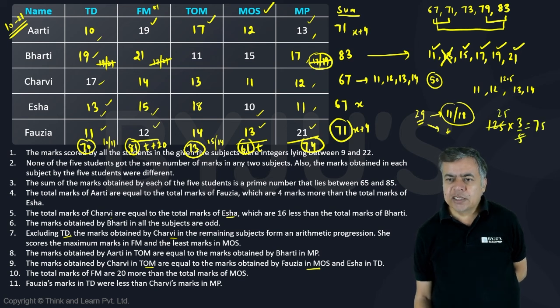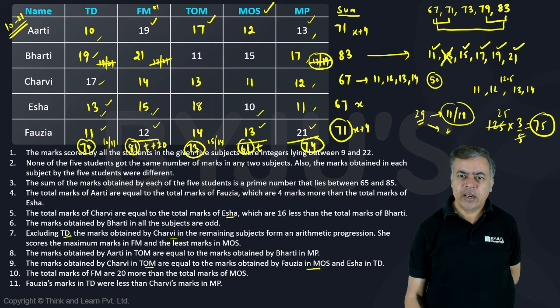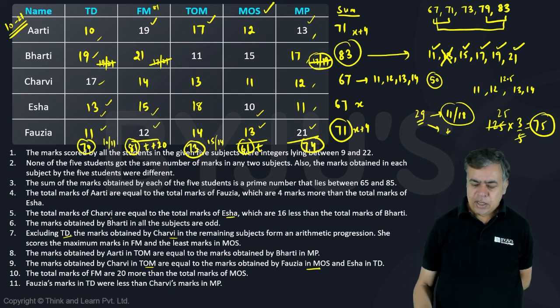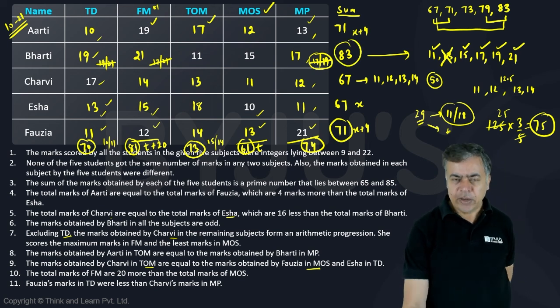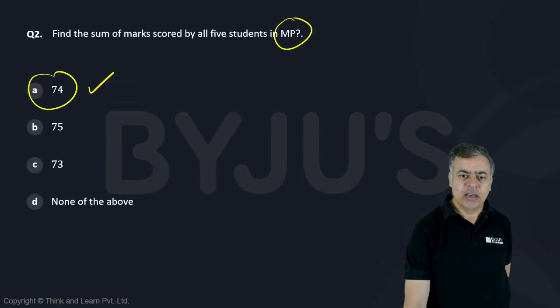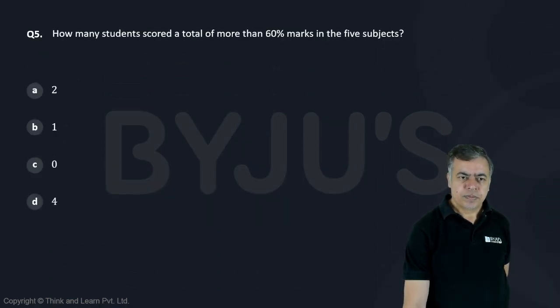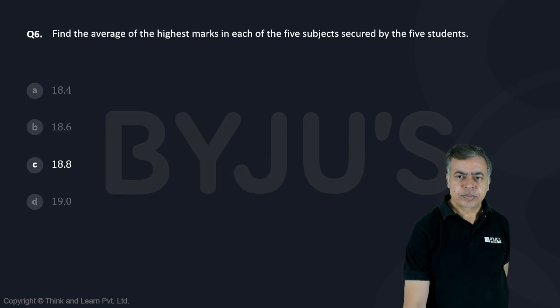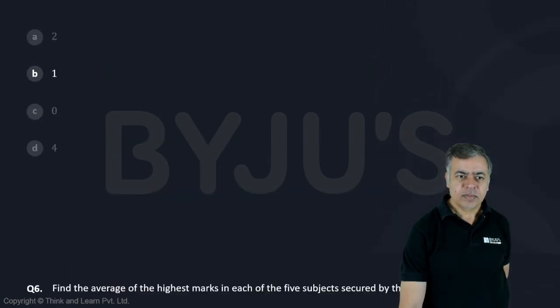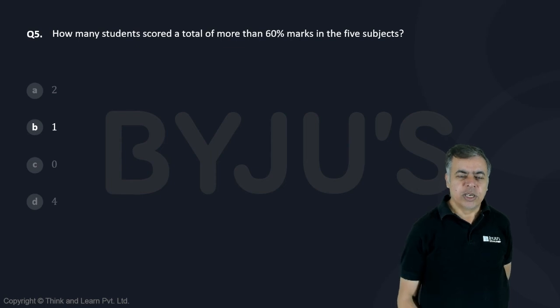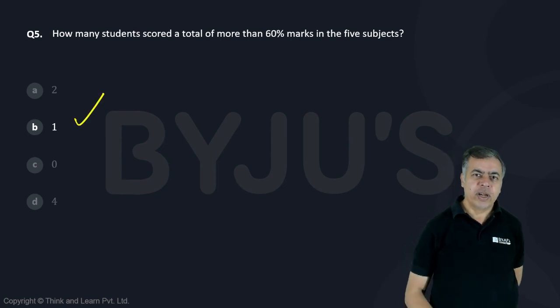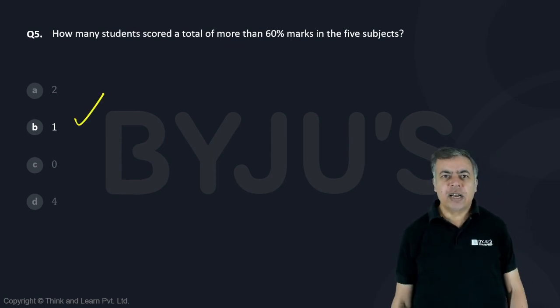So whose marks are more than 75, right? It is only one. Only one. Bharti. Bharti scored more than 75. Nobody else scored more than 75. Right? So Bharti. Okay, wait a minute. How many students scored? So only one. Only one was correct because it was Bharti, right, who scored more than 60%.